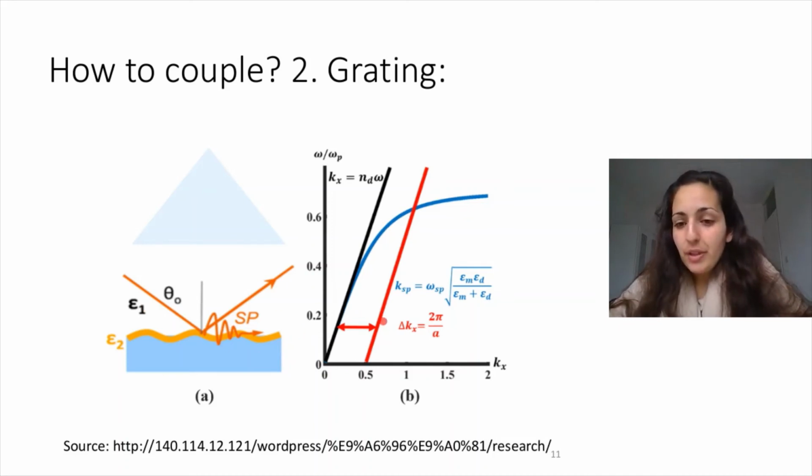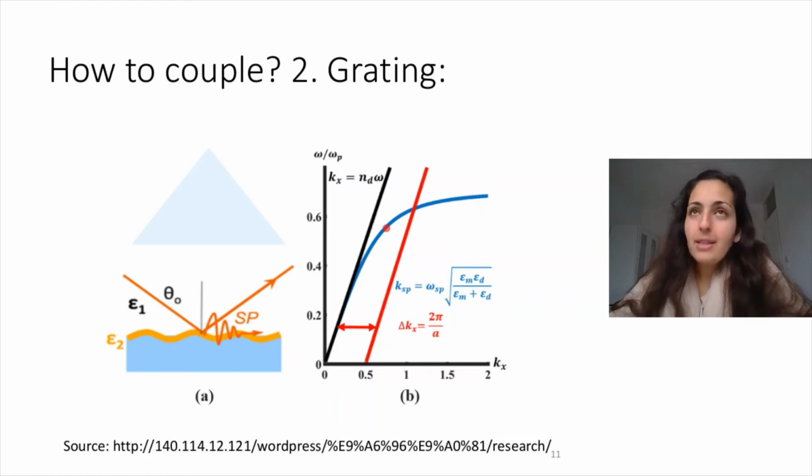The periodicity introduces this shift, where we can then find a crossing point with our now shifted light line due to the grating and our surface plasmon polariton. And so these are the ways that we could excite surface plasmon polaritons.